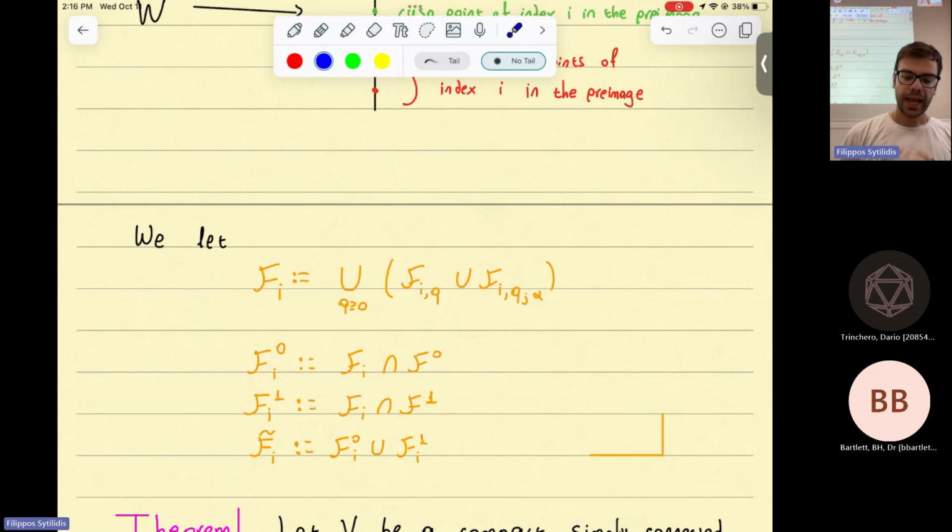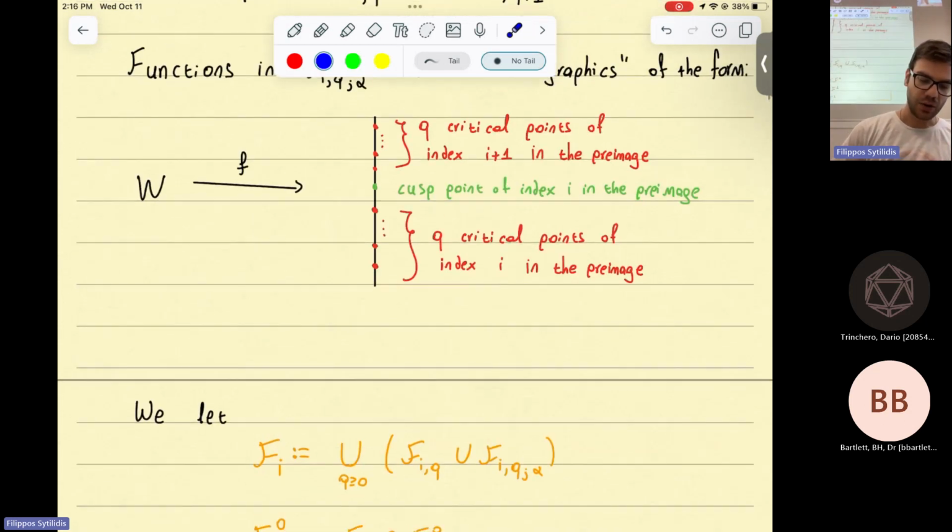And I'm also including, for any q, things of this form as well. That's what all the smooth real-valued functions in f sub I look like. Is that relatively clear?